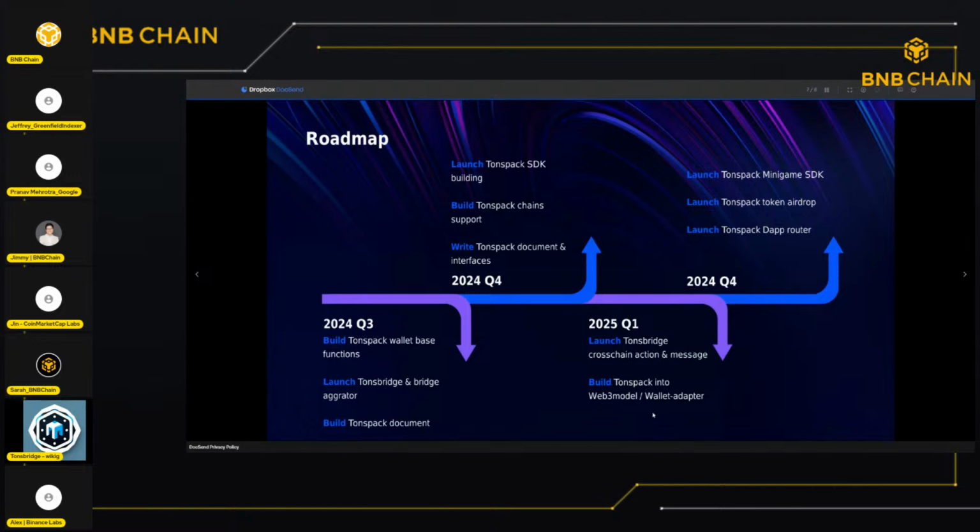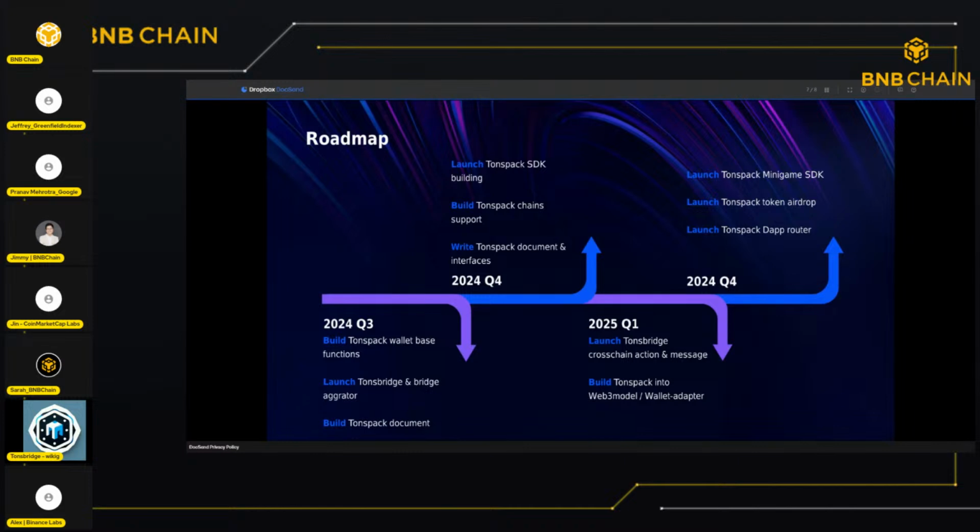As we mentioned just now, the Tonspack wallet is centralized, and we are now cooperating with the Light protocol to make it into an MPC wallet, to make it totally decentralized. Then we are going to produce our mini games SDKs to help developers in Telegram web apps use the stacks they are familiar with, to use Solidity, to use the BNB Smart Chain.